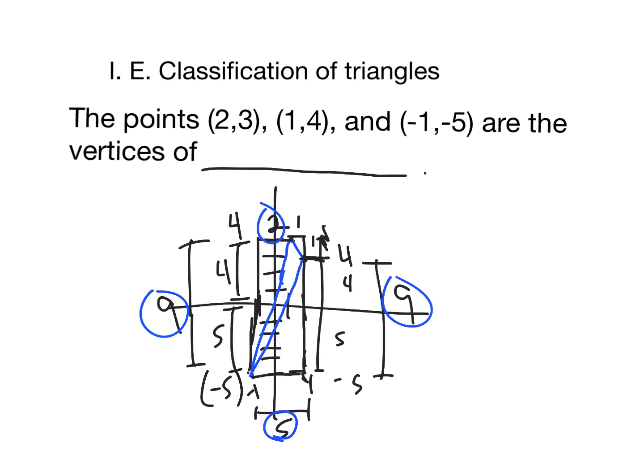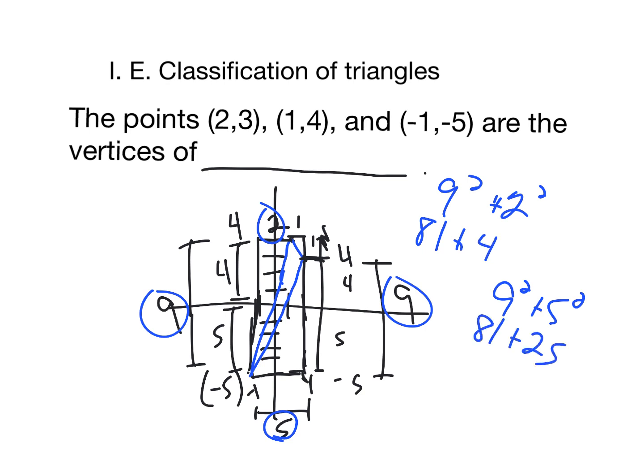So basically, it's possible the triangles could look different, but if you add these together, they should be the same if they're the same length, because this is like our a squared plus b squared equals c squared, and that would be finding the distance of the side of our triangle.